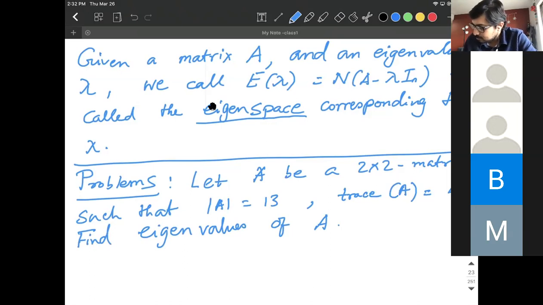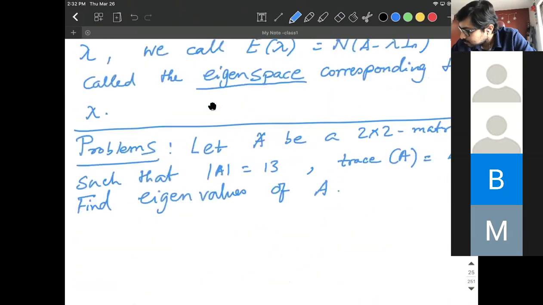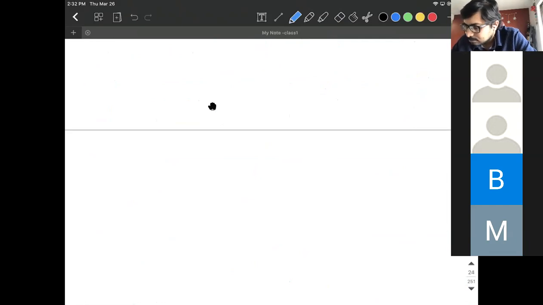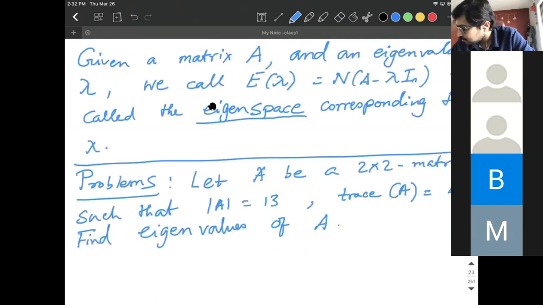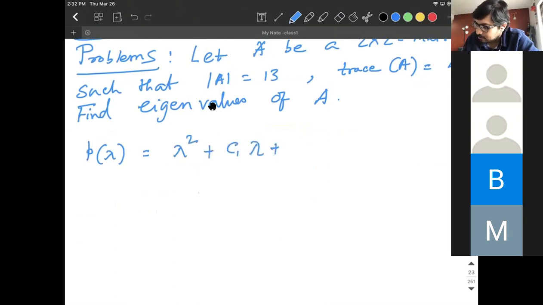So P of lambda in this case is lambda square plus C1 lambda plus C2, right?